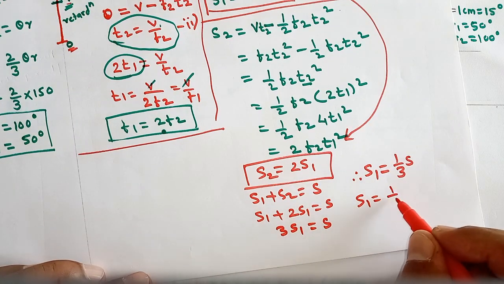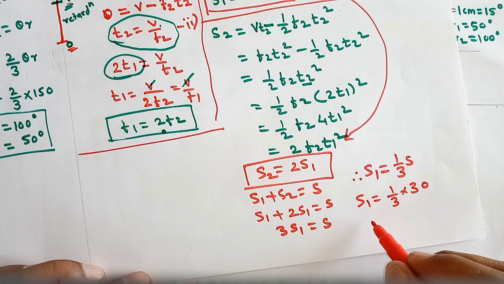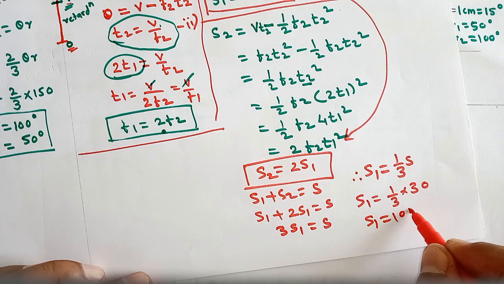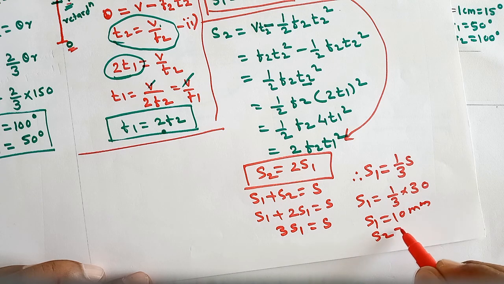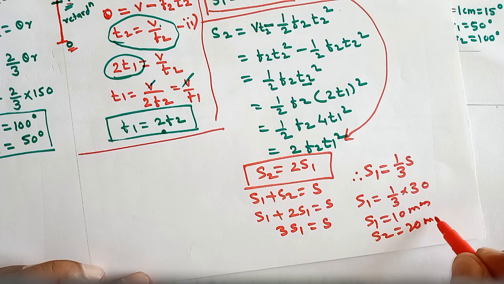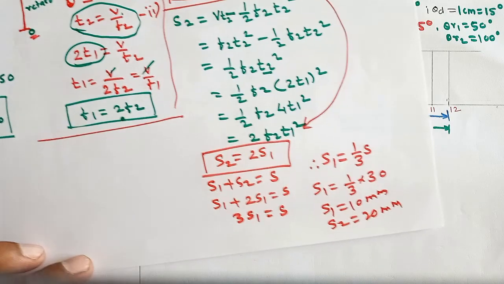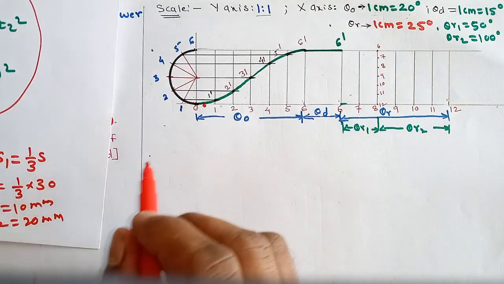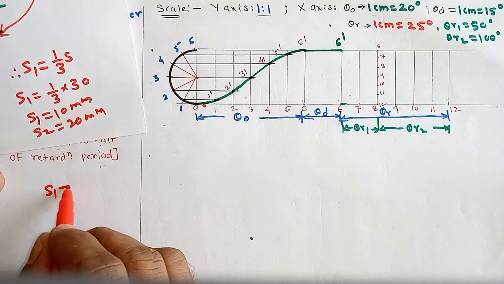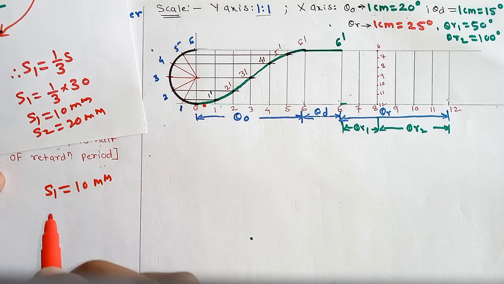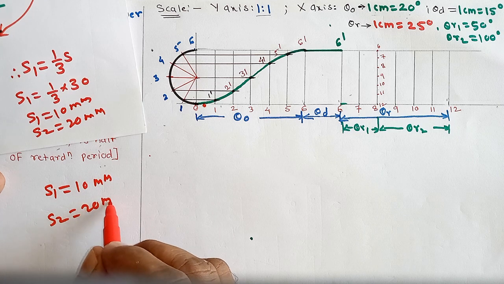Total displacement is 30 millimeters. So S1 is 10 millimeters, and S2 is 30 minus 10, which is 20 millimeters.